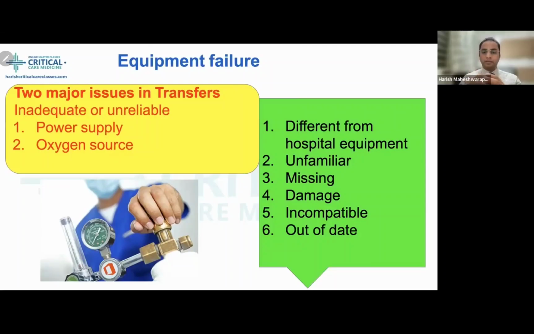Incompatibility means we have some issues with wiring incompatibility or adapter incompatibility for a particular monitoring device, or things are out of date. It means it is not within the expiry date, particularly medications. So these lead to the overall failure of the transfer, or some equipment is also out of date in terms of its functional capacity.